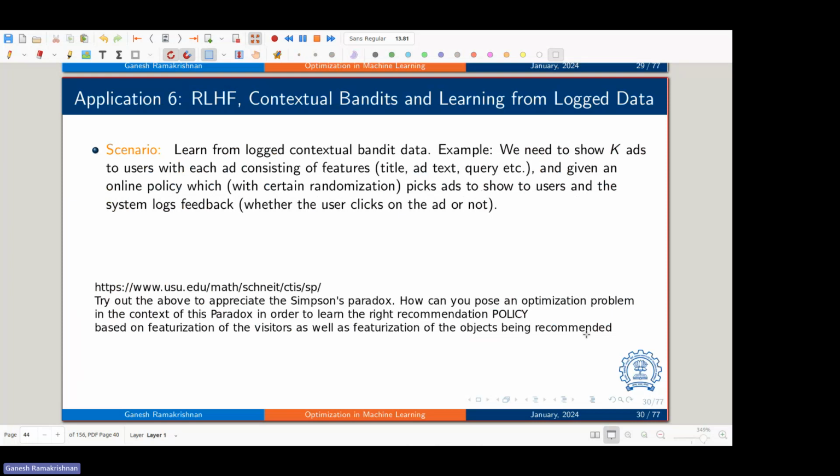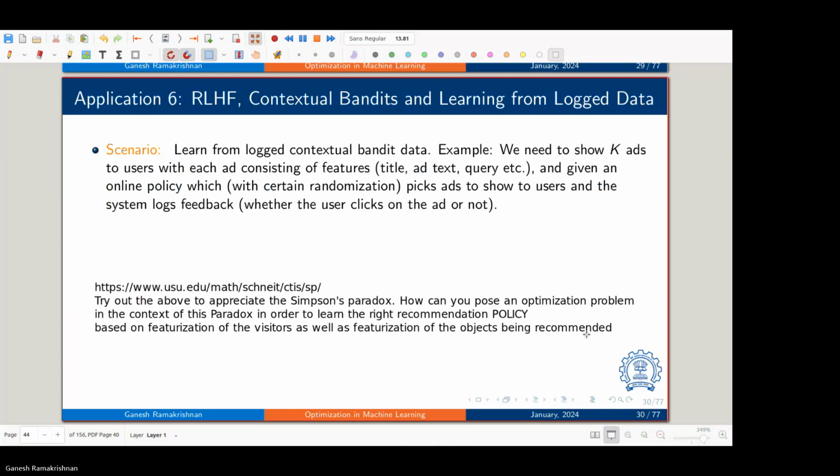What is RLHF? Reinforcement learning using human feedback. I'll give you an idea of how this problem is related to RLHF: contextual bandits, learning from log data. Let's say there are K ads which you want to show to users, or instead of ads, you want to apply some treatment to a patient.